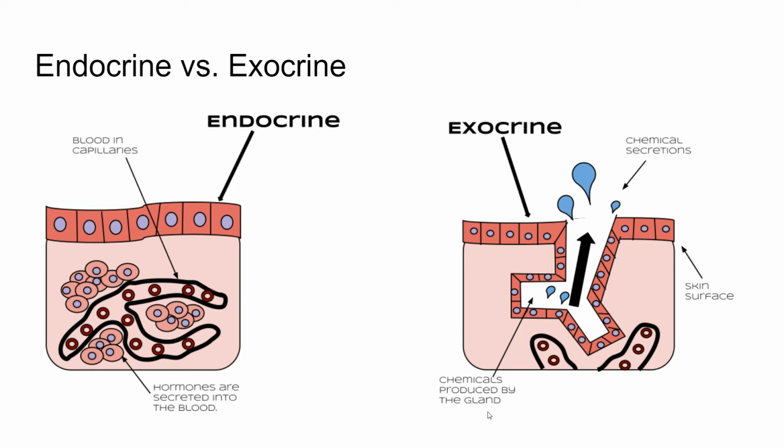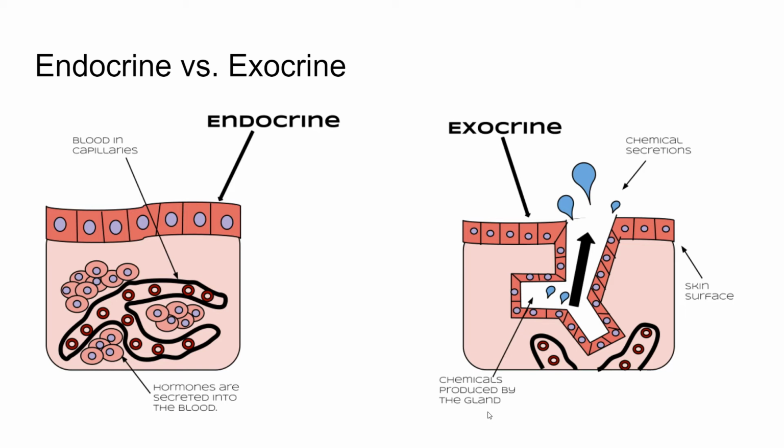They do have chemical properties and they do certain things, but they are not considered hormones. And they are released through ducts, which is like a tube, and they're secreted onto a surface like the skin, or into some kind of cavity like inside your mouth, or into the small intestines or into the stomach or something like that.